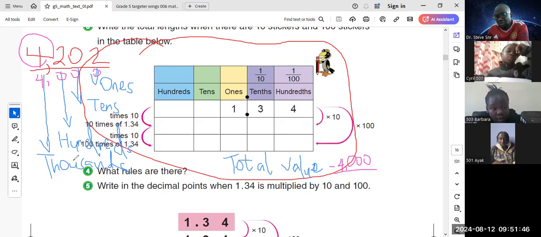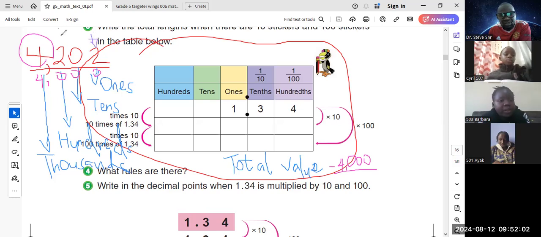The place is thousands. Now, if, for example, you are to be looking for the place value of the first two, we have these two and we have these two. So we have this 2 that is in the place value of ones, and we have this 2 that is in the place value of hundreds.